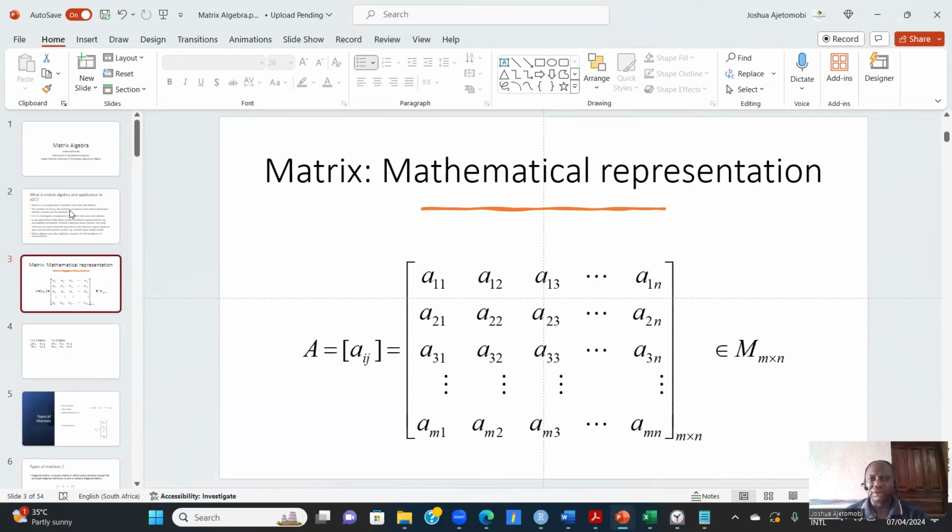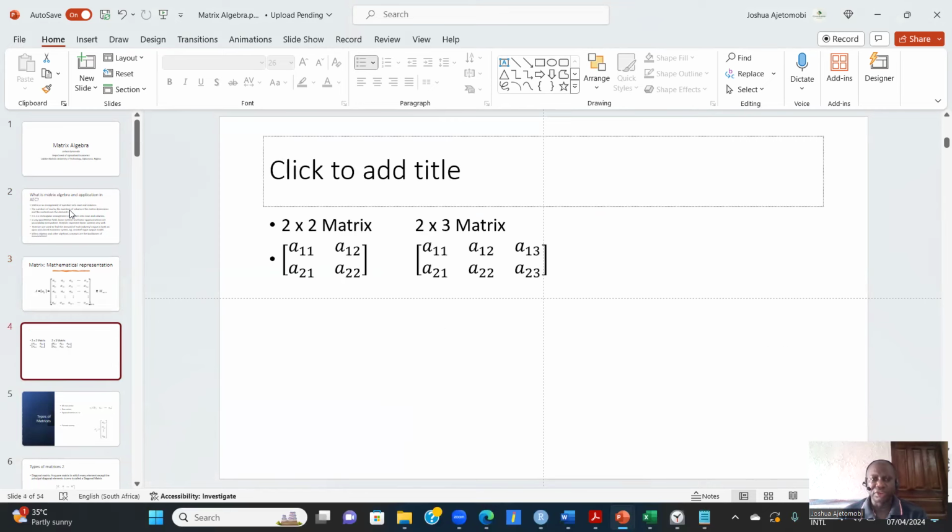When we are talking of the dimension, it is row first, then the column. Please take note. For instance, for a 2 by 2 matrix, it will be A11, A12 for row 1, A21, A22 for row 2.